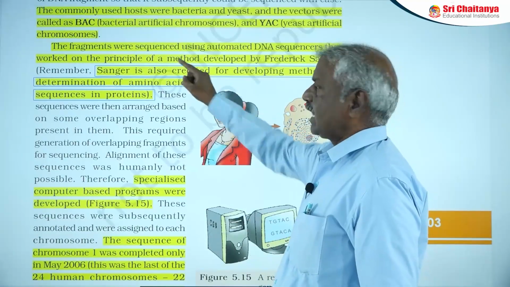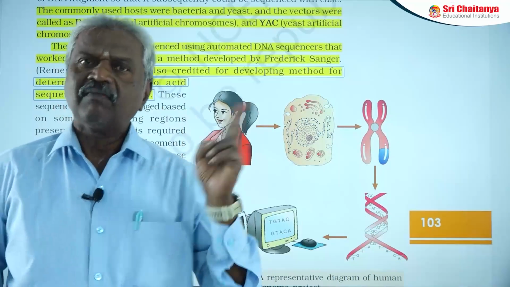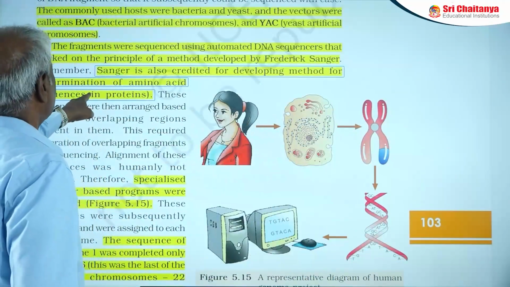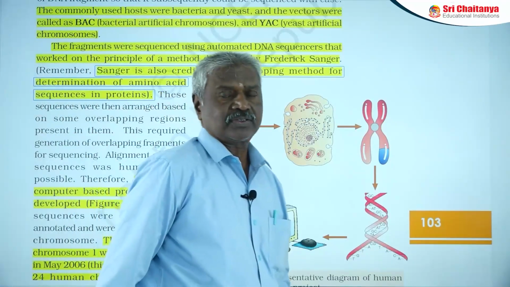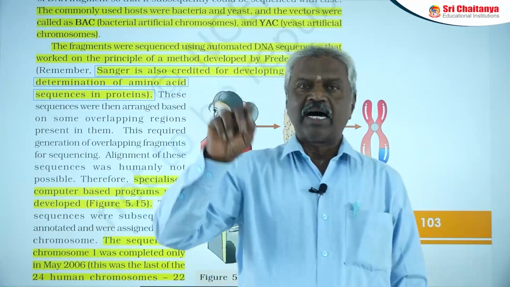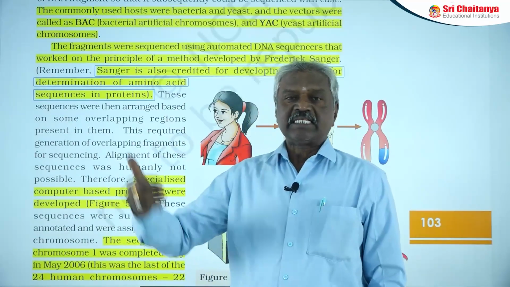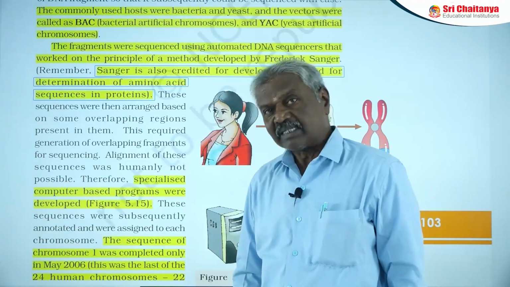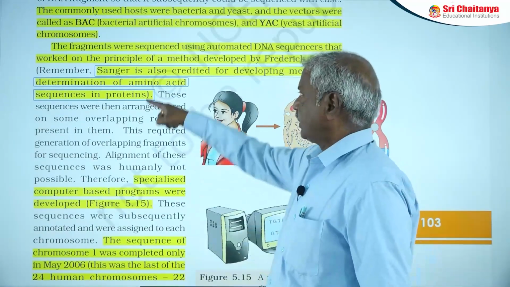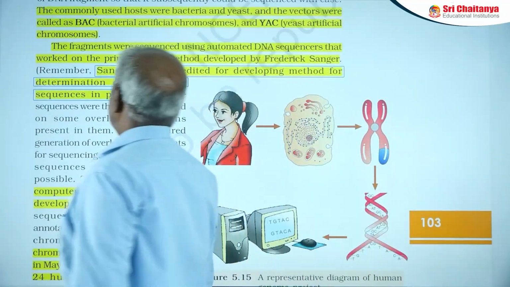That's it. Then Friedrich Sanger is also famous for one more invention: the determination of amino acid sequence in proteins. Two landmarks in this field were given by Friedrich Sanger. One is the invention of the automated DNA sequencing method. Second, he is also known for the determination of amino acid sequence in proteins.